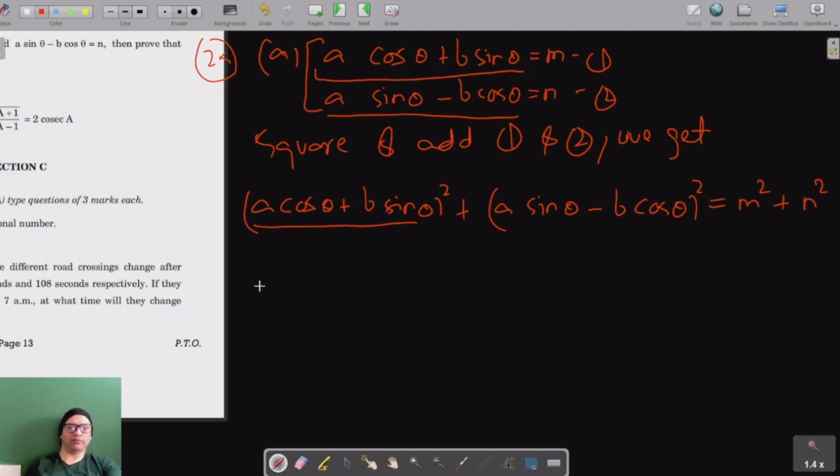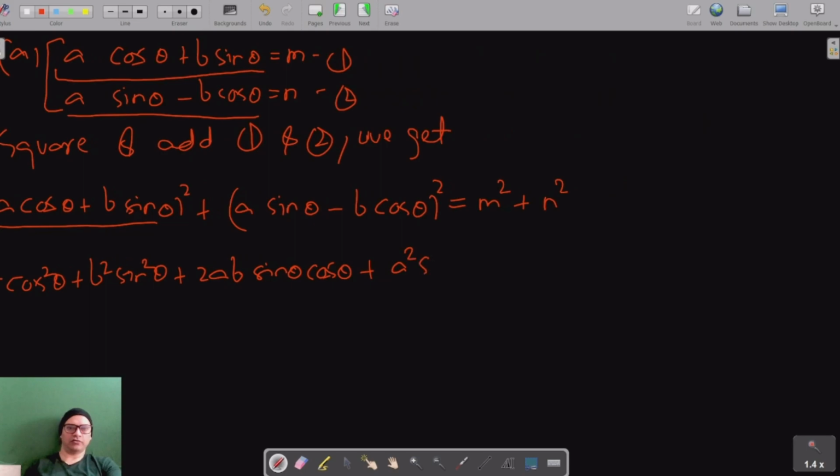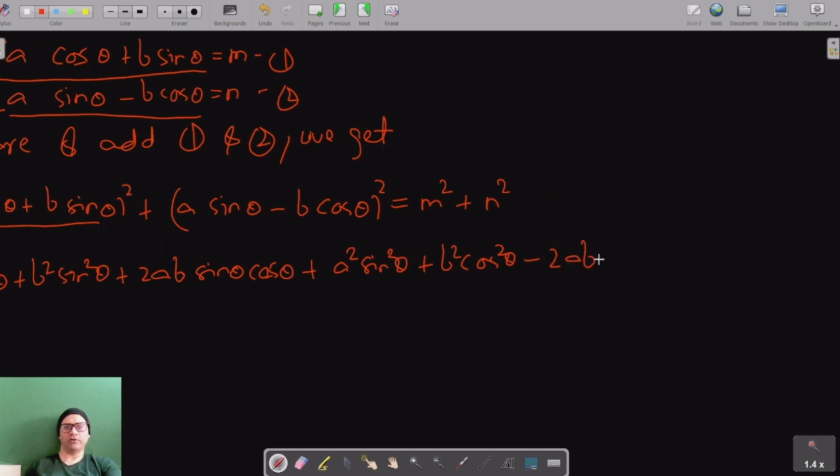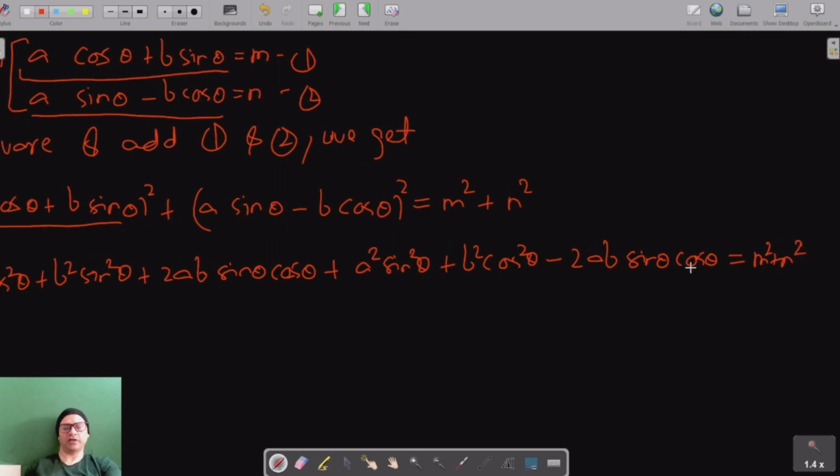Now this gives a square cos square theta plus b square sine square theta plus 2ab sine theta into cos theta, plus a square sine square theta plus b square cos square theta minus 2ab sine theta into cos theta, which is equal to m square plus n square.